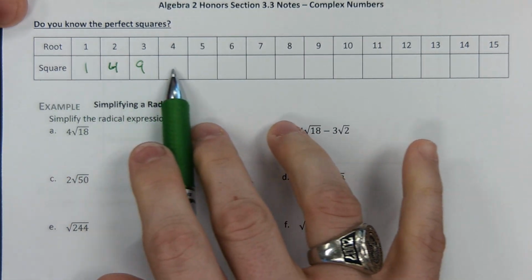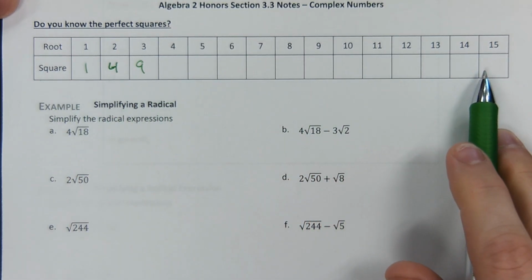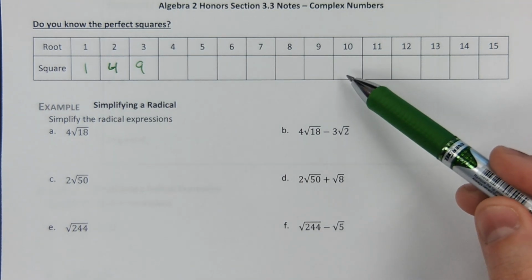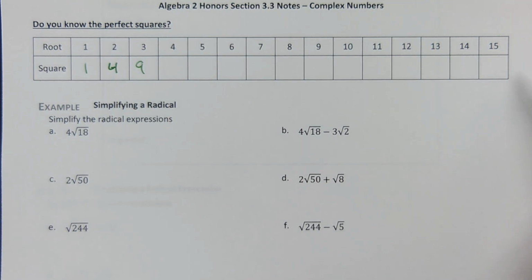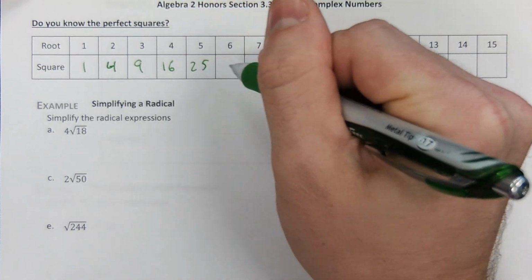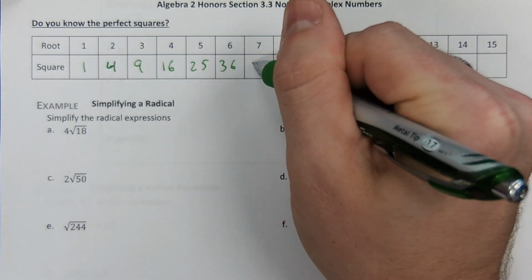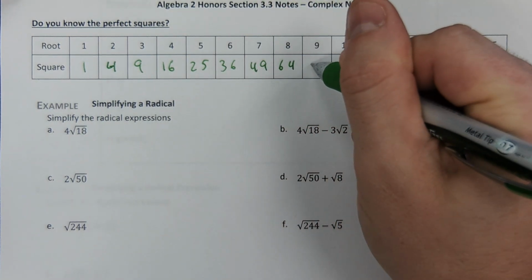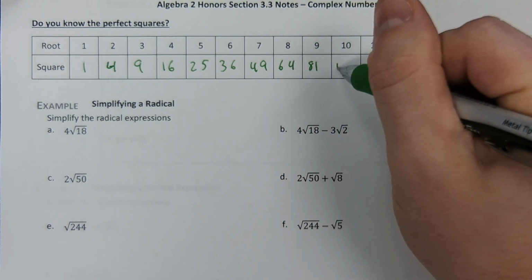So right down here, we have to figure out what all of these things are squared because you want to know, at minimum, your first 10 perfect squares. You would really like to know the first 15 perfect squares, and if you know more than that, well, kudos to you. 4 squared is 16, 5 squared is 25, 6 squared is 36, then we go to 49, 64, 81, and 100.